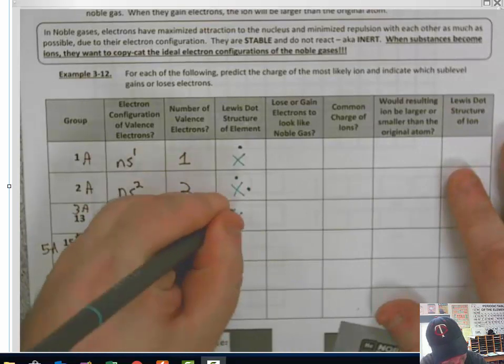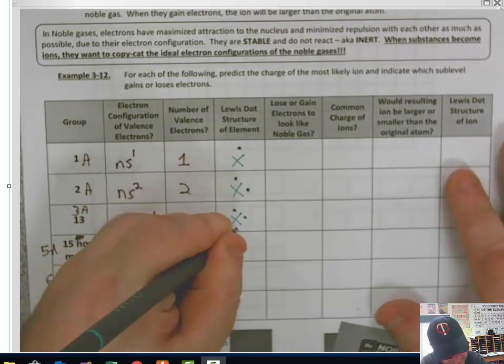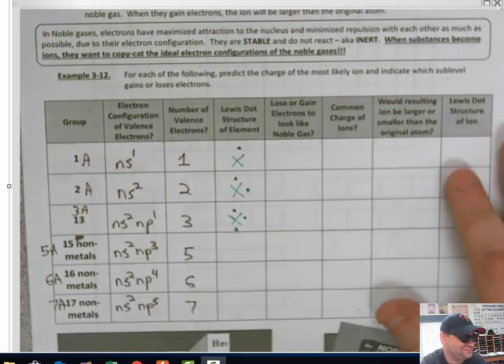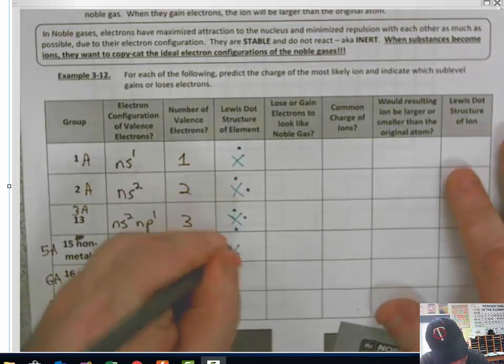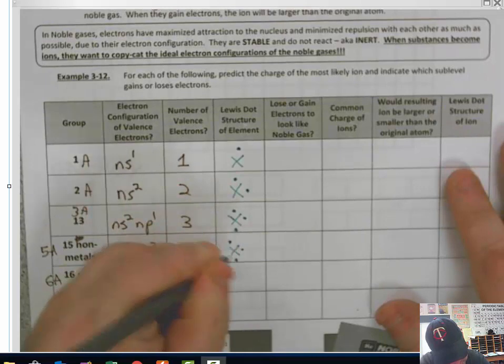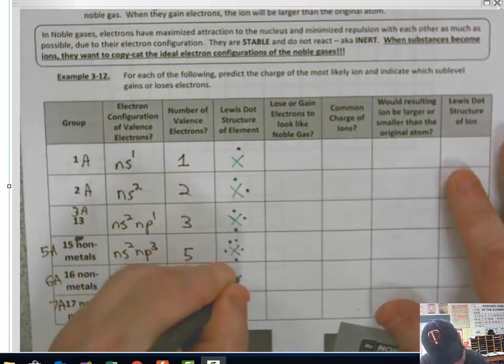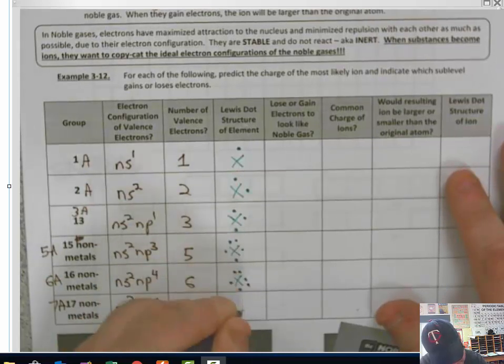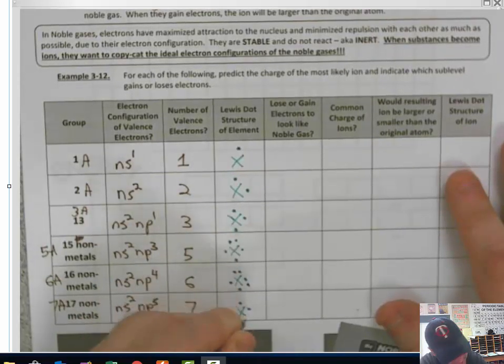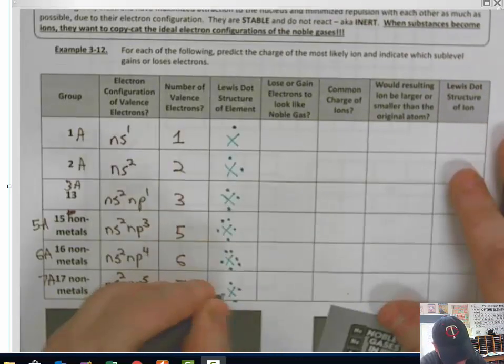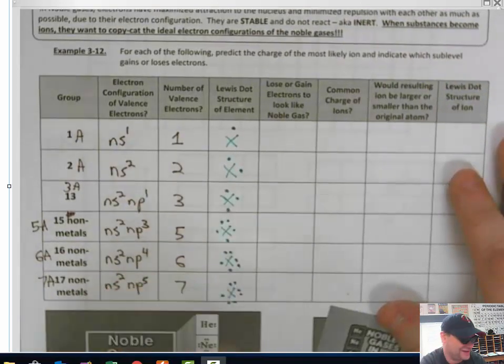This has 3 valence electrons, so you go 1, 2, 3 dots. This one right here is 1, 2, 3, 4, 5. 1, 2, 3, 4, 5, 6. And then the final one has 1, 2, 3, 4, 5, 6, 7. Okay?